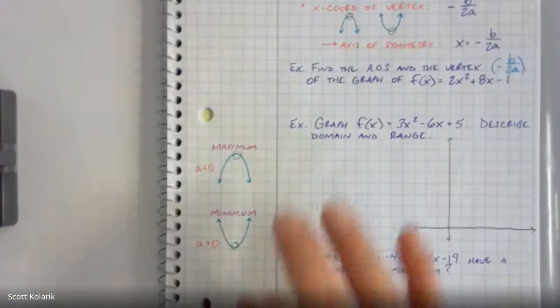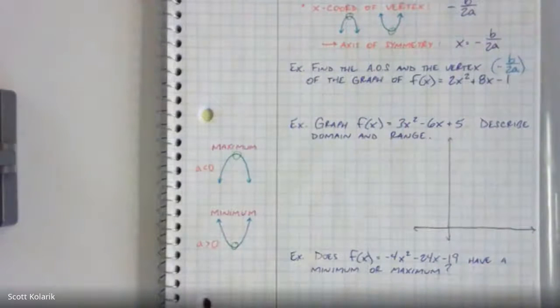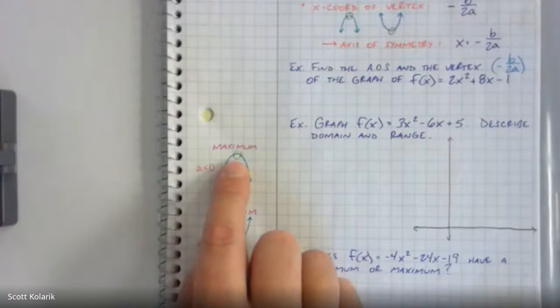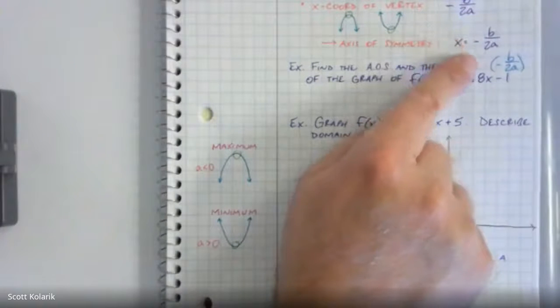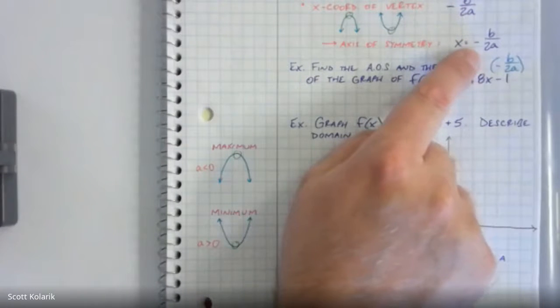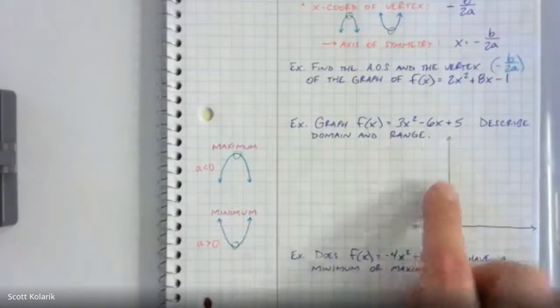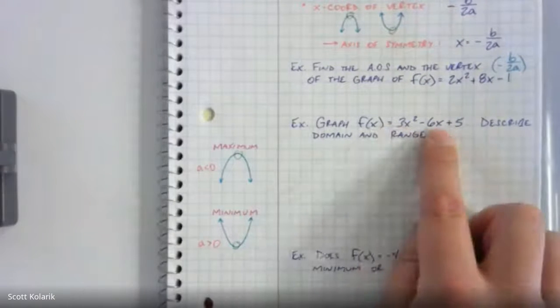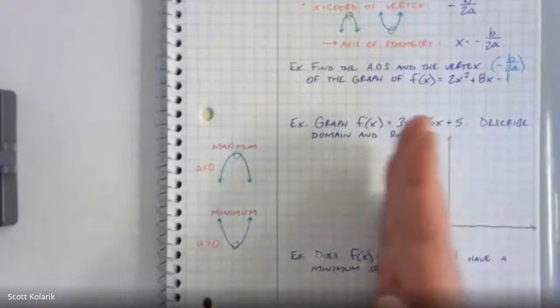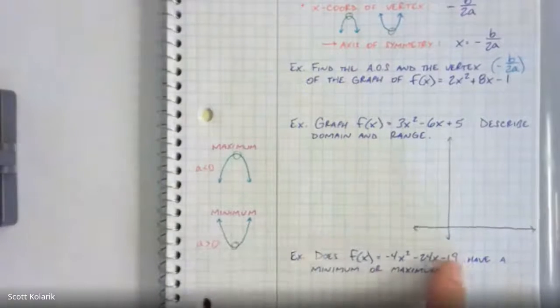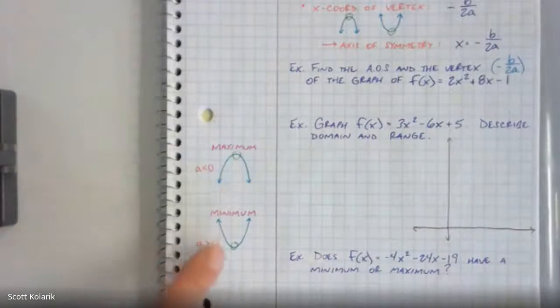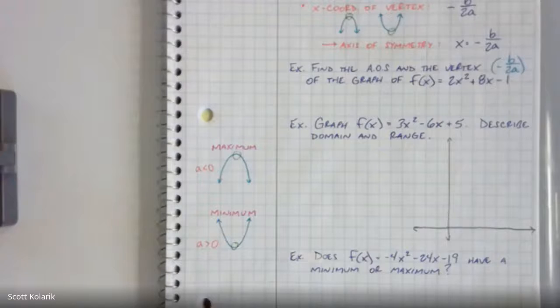And so I can get away with as few as 3 coordinate points and be able to create my U. And so the trick with that is identifying where that critical point, that vertex, is located. And that is where we're going to be using the strategy of the negative b over 2a. Negative b over 2a in this equation, we'll be able to identify where that axis of symmetry is located on a coordinate grid, but also where that vertex would be located. And if I can identify that, then it'll be very, very quick and easy to identify points around that.